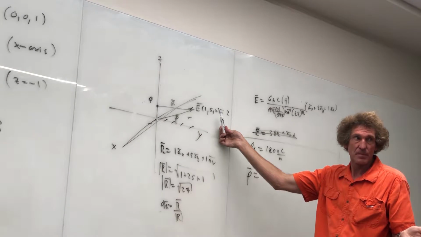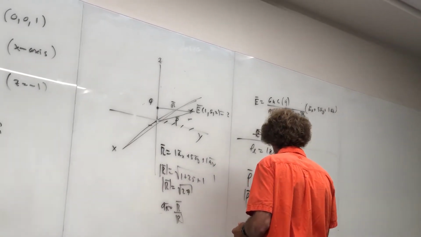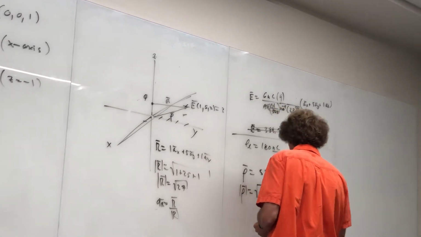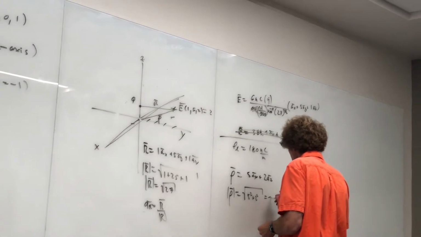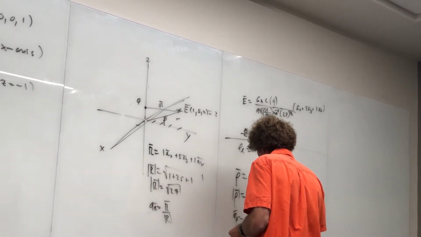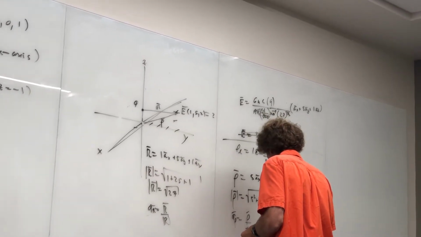Correct, class? Now I have that, then I need rho magnitude, which is simply square root of 5 squared plus 2 squared, or 25 plus 4, or square root of 29. And then I can take a rho here, and that's equal to simply rho vector over square root of 29.